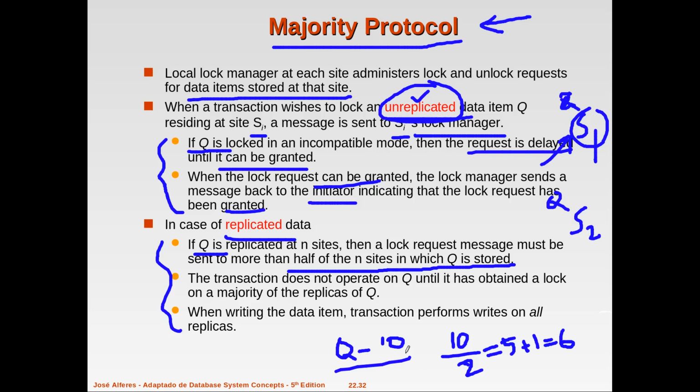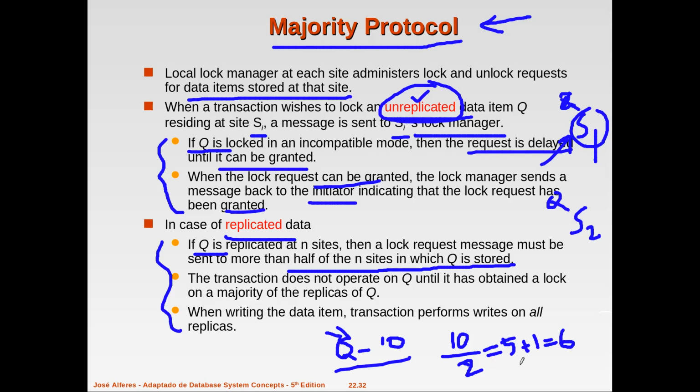That is more than half of the 10 sites in which Q resides. It is not required to send this request to all the 10 sites. It is a mechanism where we send requests to more than half of the total number of sites where that particular item is present.